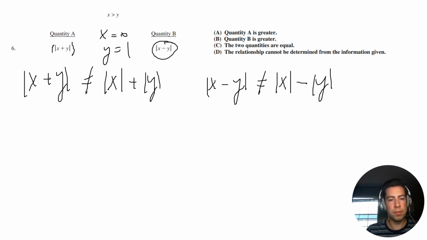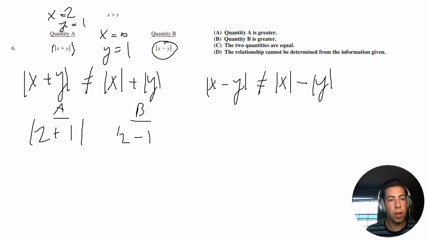Now, here's what the problem is. What if we try a different example? Let's say x equals 2 and y equals 1. So we'll have 2 plus 1, and again, this is A and this is B, and then we will have 2 minus 1.